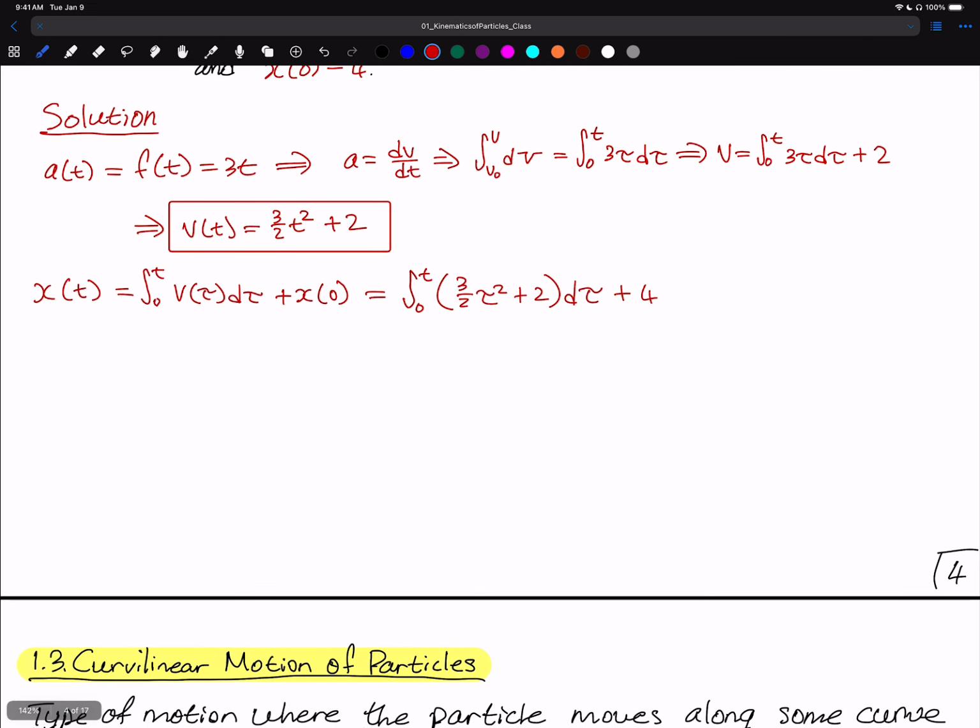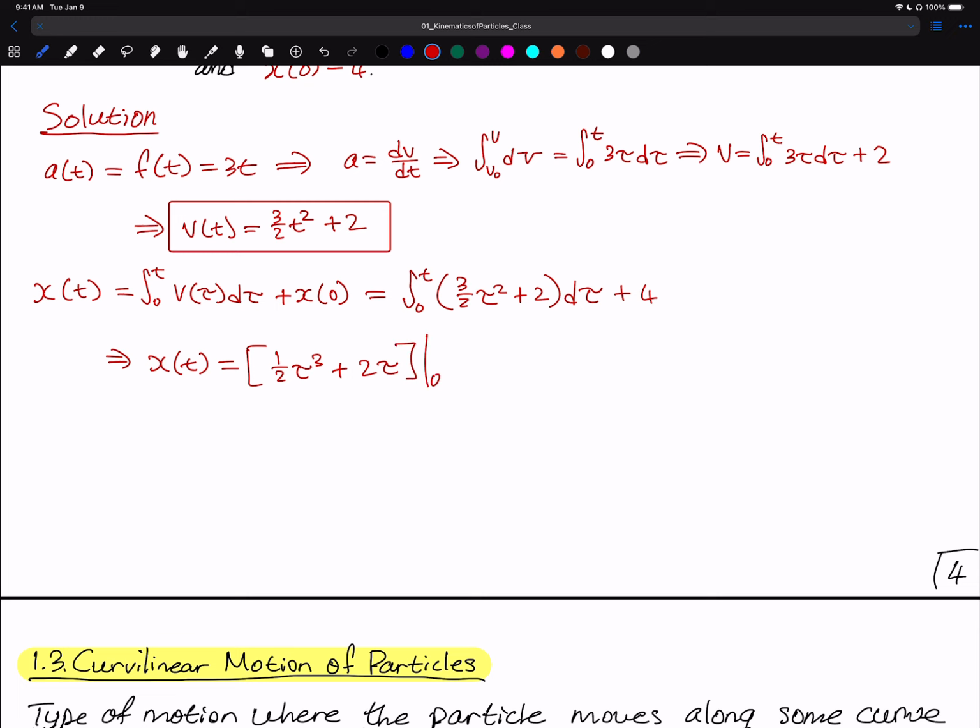Okay, so what we'll then end up with: x of t is equal to, evaluating this integral, tau cubed times 1/3, so we get rid of that 3 in the numerator, so we get 1/2 tau cubed plus 2 tau.